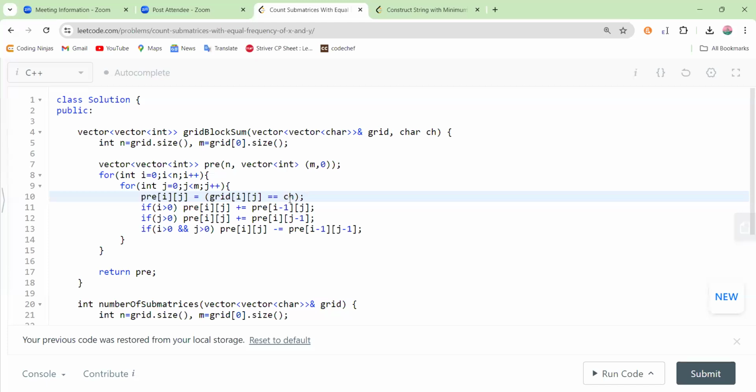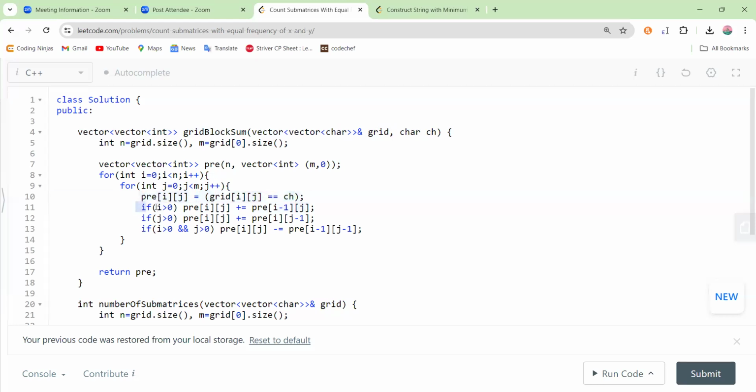And if it is not equal to that character, we can simply initialize it with 0. So that is pretty much the same as writing pre of i of j is equal to grid of i of j equals character ch. Okay, so let's suppose i, j position is x and we are looking for the frequency of x, so pre of i of j will get initialized to 1, else it will get initialized to 0, isn't it?